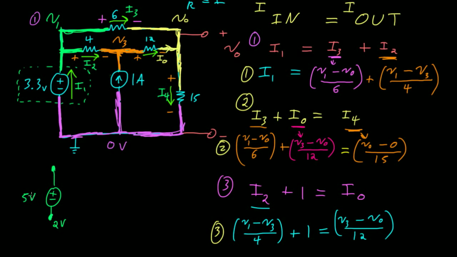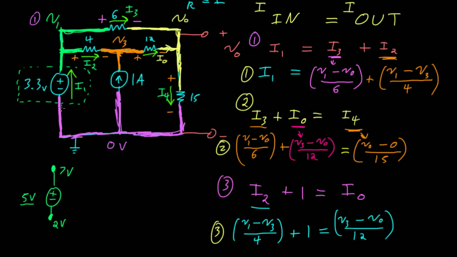That means it takes whatever the voltage is at its negative terminal, adds 5 to it, and that is the voltage at its positive terminal. So in this abstract case, the voltage here would be 7 volts.